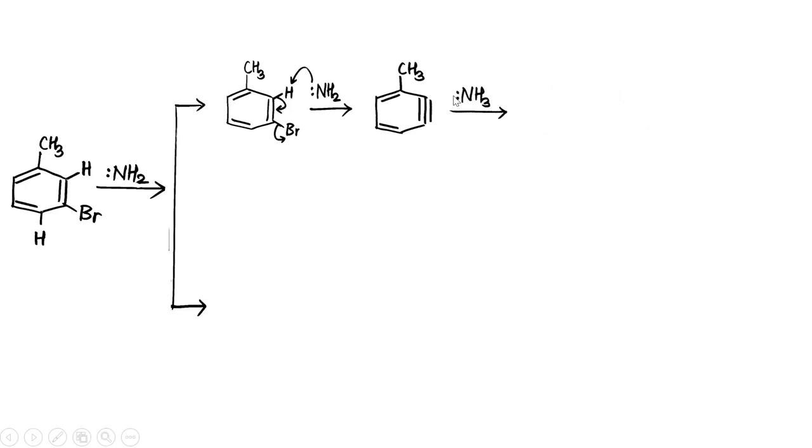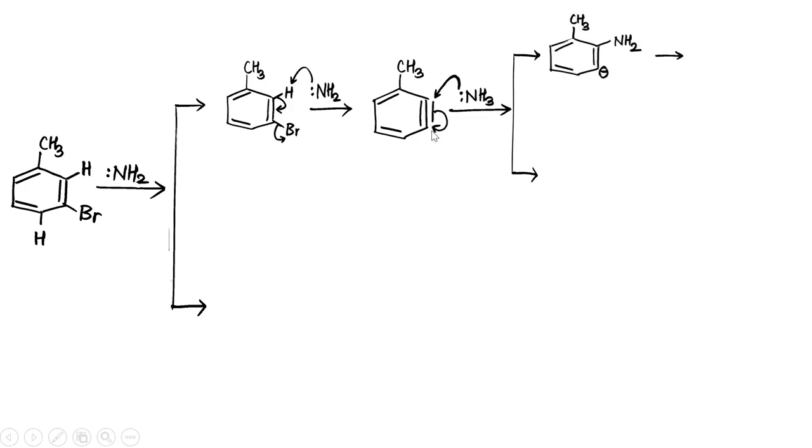Now again two possibilities. It may attack on this carbon atom or it may attack on this carbon atom. See the first possibility. If it attacks on this first carbon atom, then these electrons will shift here. So there will be a negative charge on this carbon atom. Again in this NH3, one hydrogen will be attached here, right?